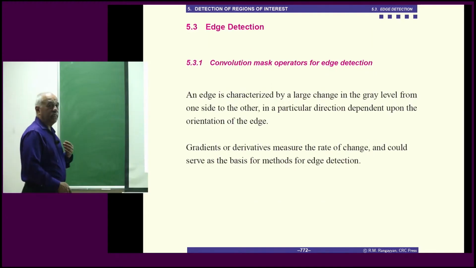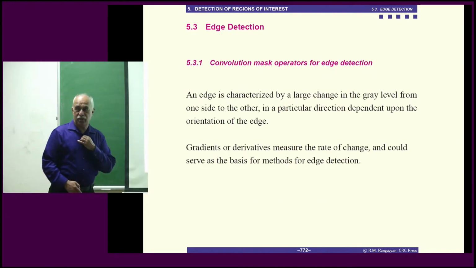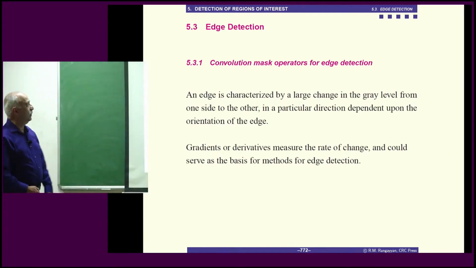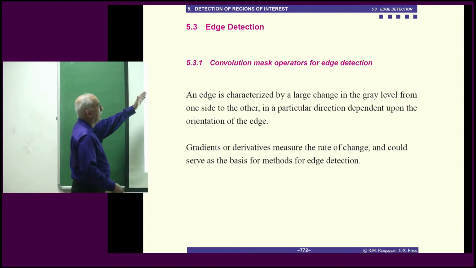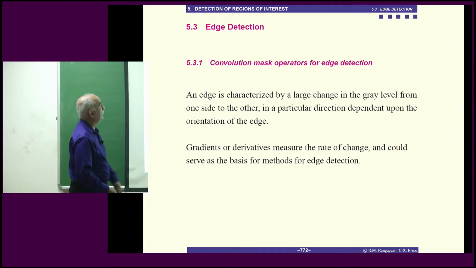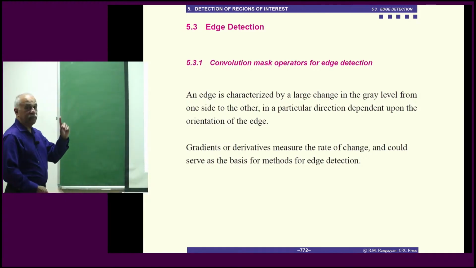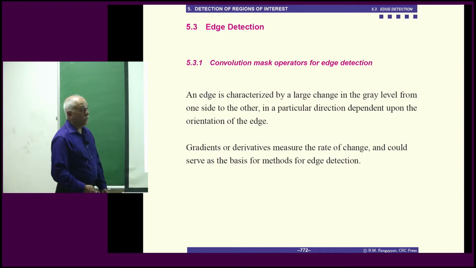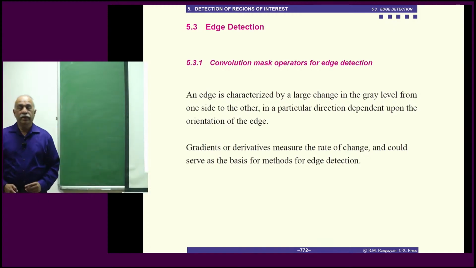For edge detection, there are a few convolution mask operators. We will start with basic techniques and then look at advanced methods. An edge is characterized by a large change from here to there, or from here to the object, to this character. In a particular direction, here it is in the vertical direction, here it is in the horizontal direction. So it is directional.